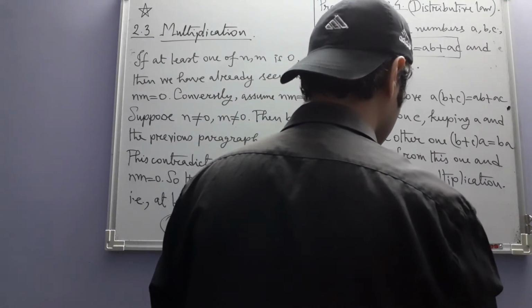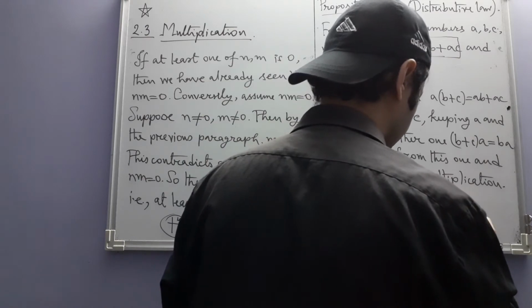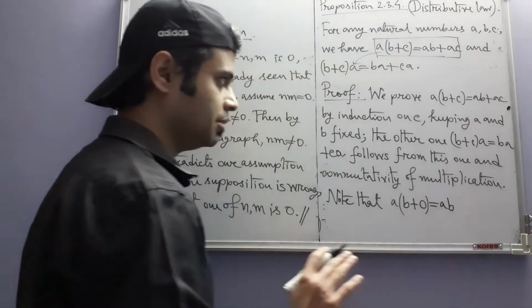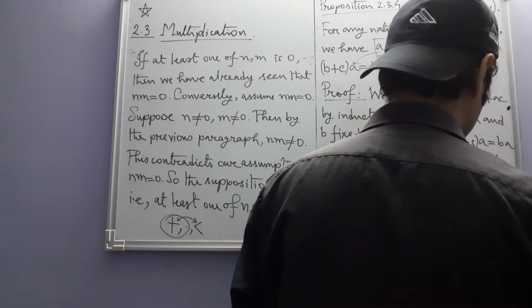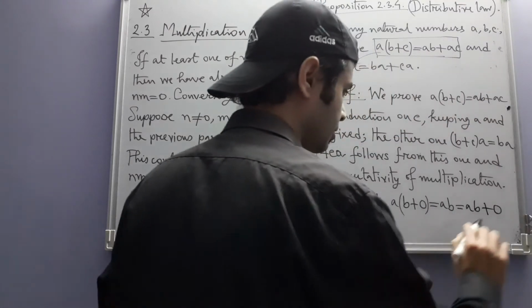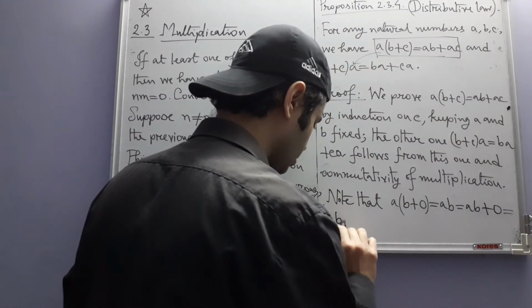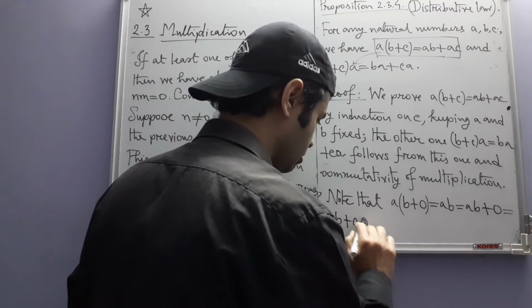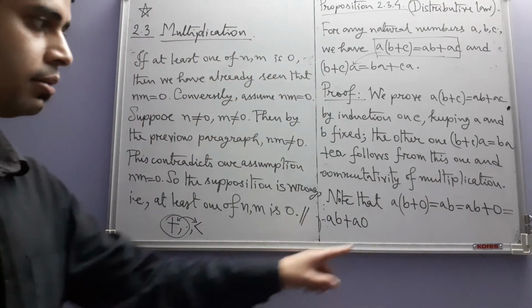So note that the first case is C equal to 0. So A times (B plus 0) is A times B, that is AB, which can also be written as AB plus 0, and this is equal to AB plus A0. What are the things we have used here?